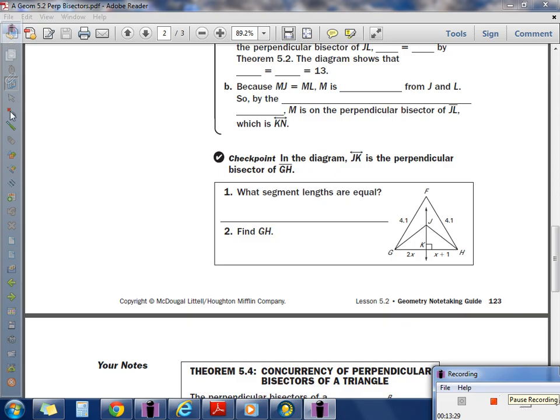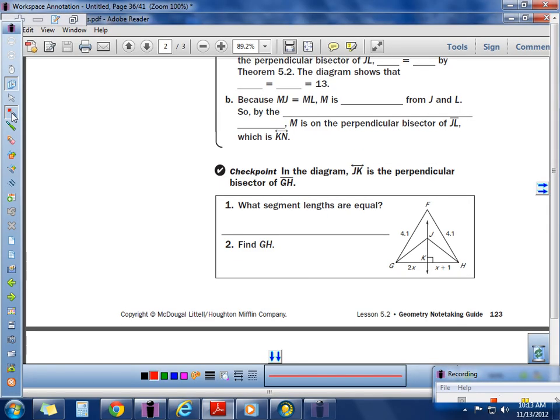On checkpoint number 1, it says, what segment lengths are equal? So which one did we say are equal? I would definitely say FG is congruent to FH. That would be my first one because it obviously gives you the numbers. FG is equal to FH.